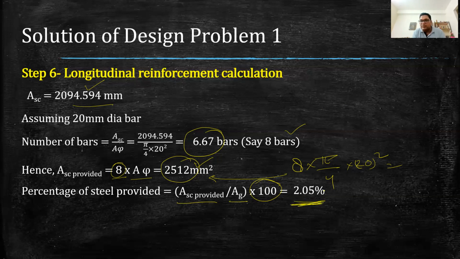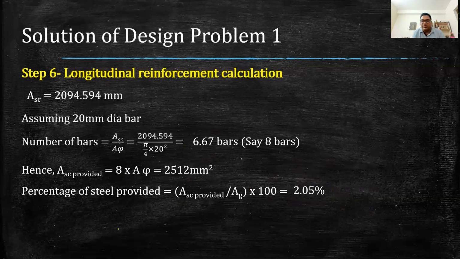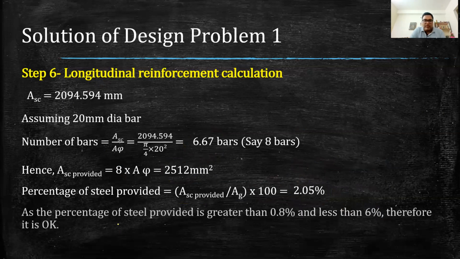So you can see this 2.05% is more than 0.8%, which is the minimum percentage of reinforcement required in the column, and it is also less than 6%, which is the maximum limit of reinforcement to be provided in the column. So it means the percentage of steel is okay as per IS code recommendations. And that is the same I have written: the percentage of steel provided is greater than 0.8% and less than 6%. So therefore it is fine.